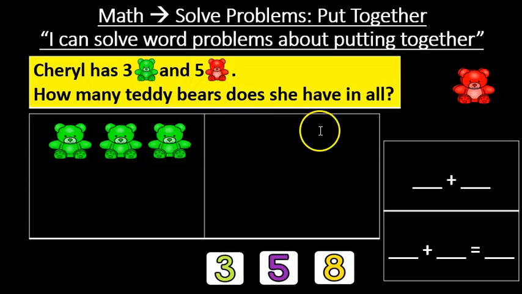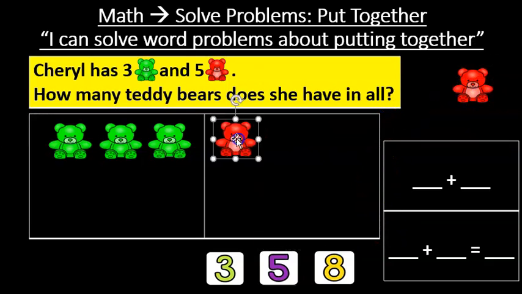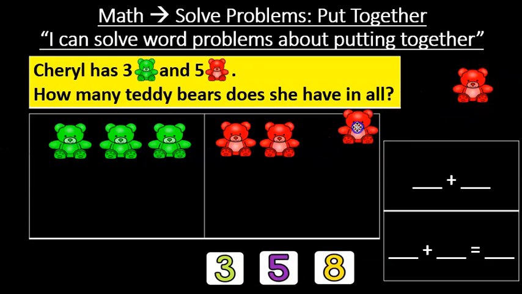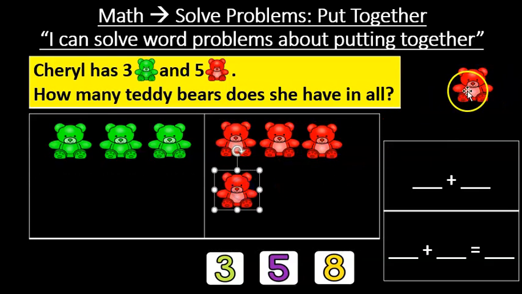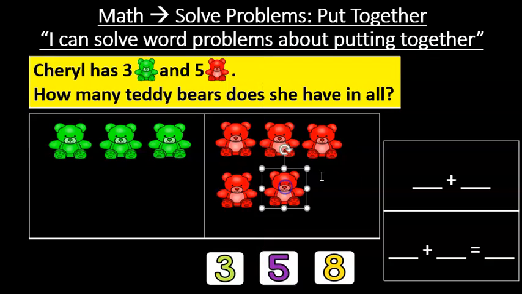Good job. So we're going to have to put 5 red teddy bears on this side. Let's count together. 1, 2, 3, 4, 5. Now look at that. Our photo diagram here is finished.